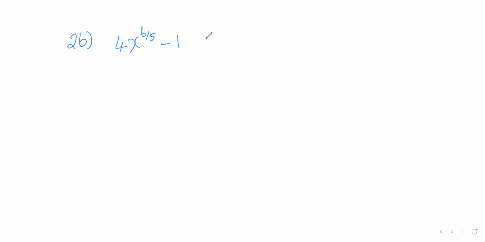Okay, so looking at this, I'll see that this will then be 2x to the 3 over 5 all squared, right? Minus 1 squared. Okay, so remember our law of exponents.